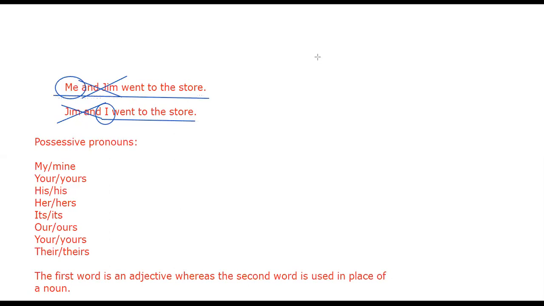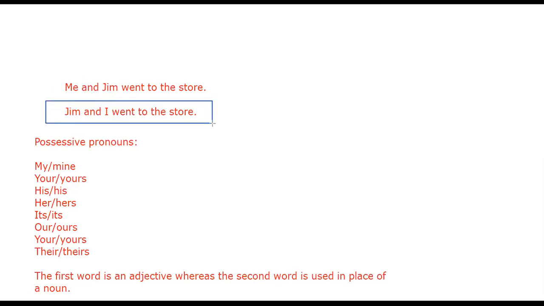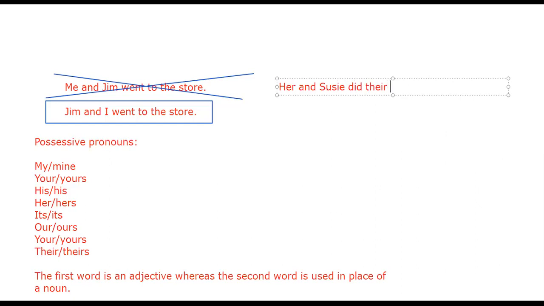So this whole thing here is correct, but this whole thing here is not. And it's not really just that. Sometimes you'll hear people say, her and Susie did their homework, when it really should be she and Susie did their homework.